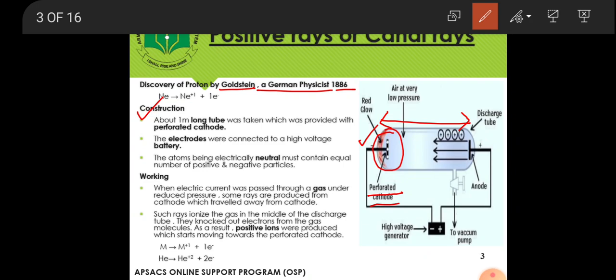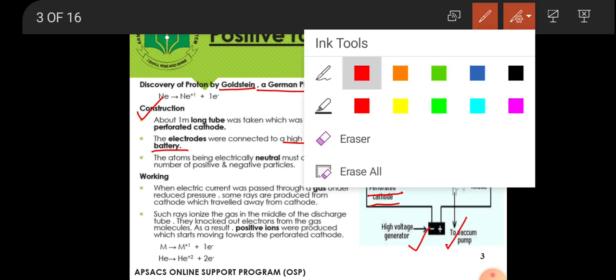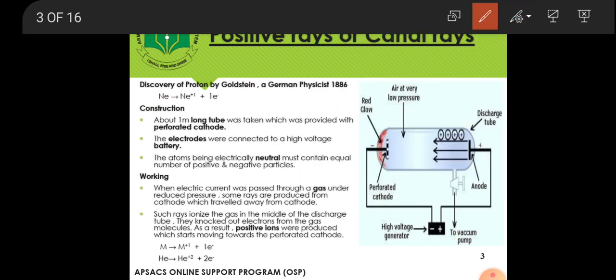The cathode was connected to the negative terminal of the battery and the anode was connected to the positive terminal of the battery, which means the electrodes were connected to a source of high voltage. We know that atoms are electrically neutral, meaning the atom contains the same number of positive and negatively charged particles.